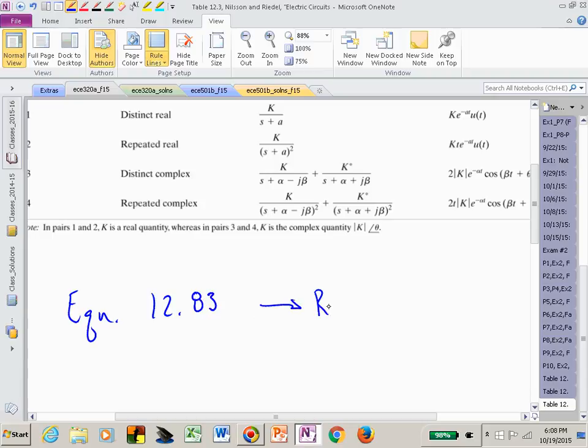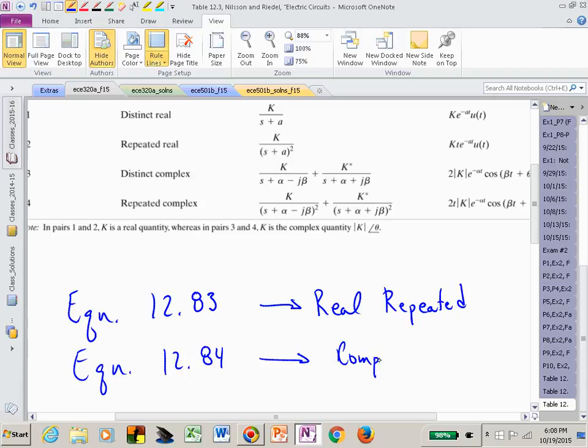This is for real and repeated, and that's for any repeated up to n times, or the next equation in the textbook, equation 84 in chapter 8, and this is for complex repeated. And you might want to put that on your notes, on your sheet of notes. You don't have to have that memorized. You can just use that expression.